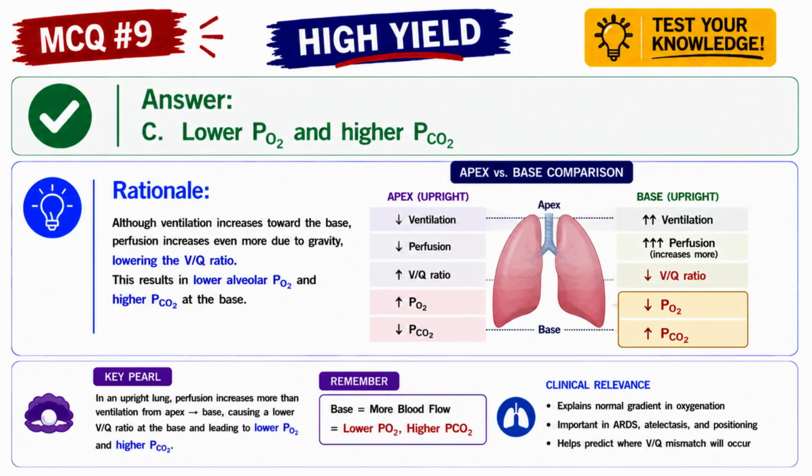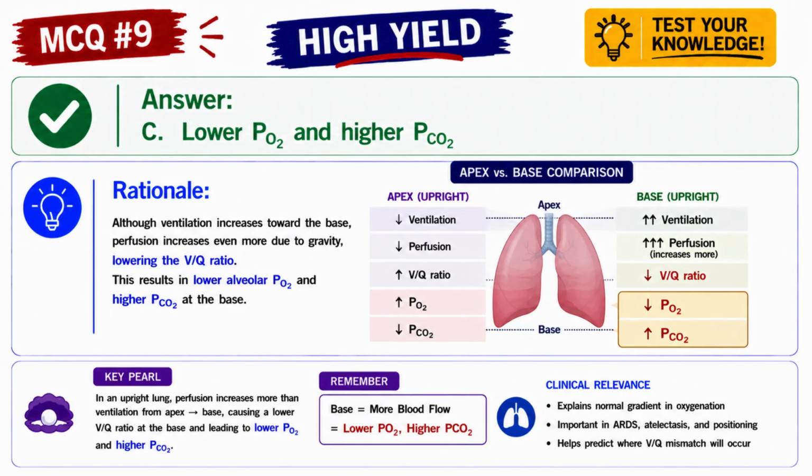The high blood flow means each unit of ventilation is serving a much larger volume of blood. That blood extracts more oxygen and delivers more CO₂ than the ventilation can fully remove. Alveolar PO2 at the base, approximately 89 millimeters of mercury. Alveolar PCO2 at the base, approximately 42 millimeters of mercury.